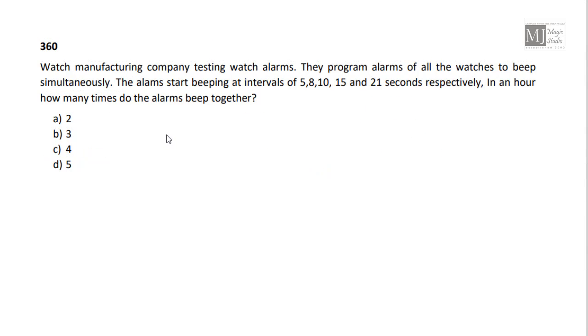A watch manufacturing company is testing watch alarms. They program alarms of all the watches to beep simultaneously. The alarms start beeping at an interval of 5, 8, 10, 15 and 21 seconds respectively. In an hour, how many times do the alarms beep together?